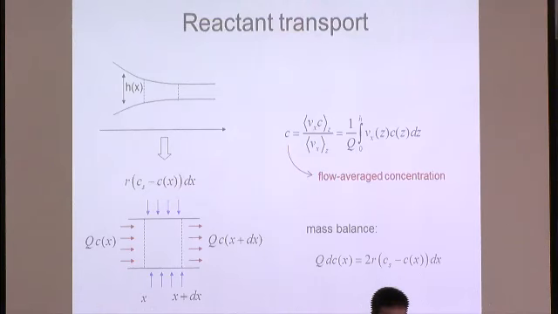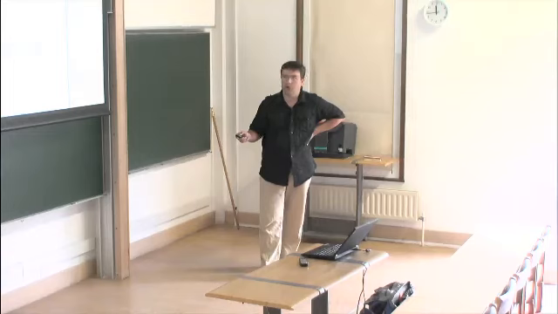Okay, and the fourth element of the model is the mass balance for the reactant, because you also need to calculate the concentration of the reactant in the fracture, because only then can you know how fast it dissolves. And this can be done by a simple mass balance. So you have your fracture, and you calculate how much stuff is flowing through this dashed line, here and here, and the difference between these two fluxes is equal to the amount of calcium ions released from the walls, which you know from your dissolution current.